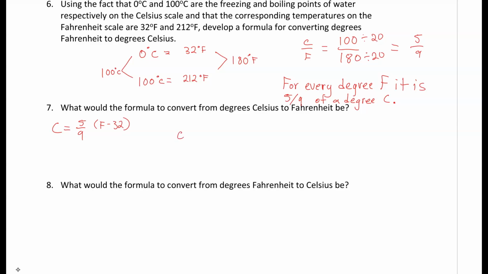So this is the same as if we wrote it out as Celsius equals 5 times, in brackets, Fahrenheit, subtract 32, closing the brackets, and then dividing this all by 9. And F in the equation is going to be your Fahrenheit. So this is the equation you would use for going from Fahrenheit into Celsius. We do Fahrenheit, subtract 32, and then we'd multiply that by 5 and divide it by 9.